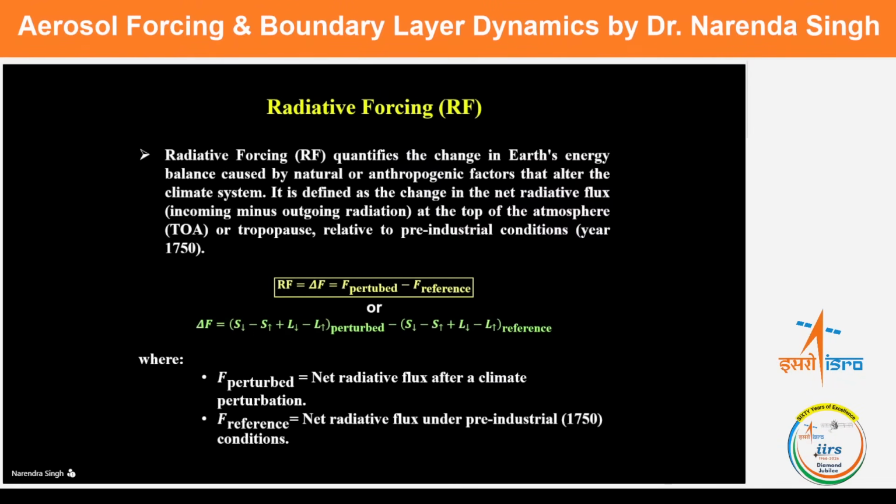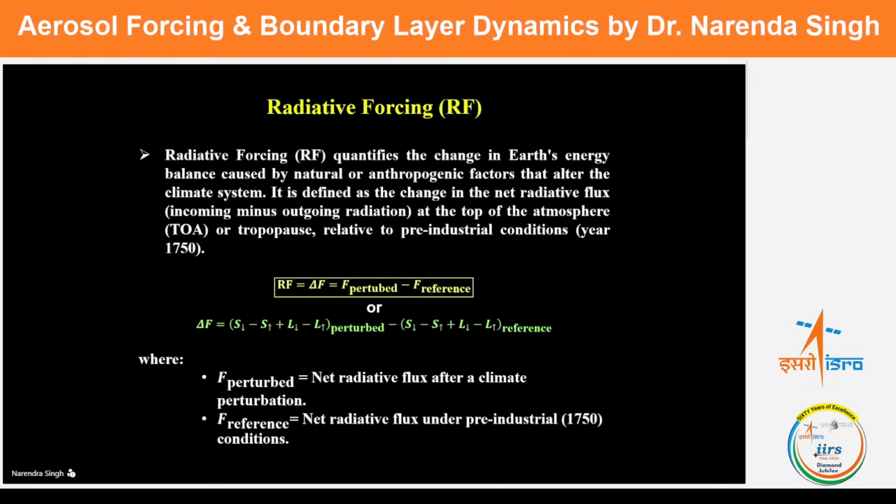Reference means whatever it was at the beginning of, or at the end of, 1750, when these sorts of estimations started. So we subtract it from the current situation, or any time with reference to 1750, say after 100 years, 200 years, or within a climatic epoch of 30 years. Then we can say this is the total change in energy.